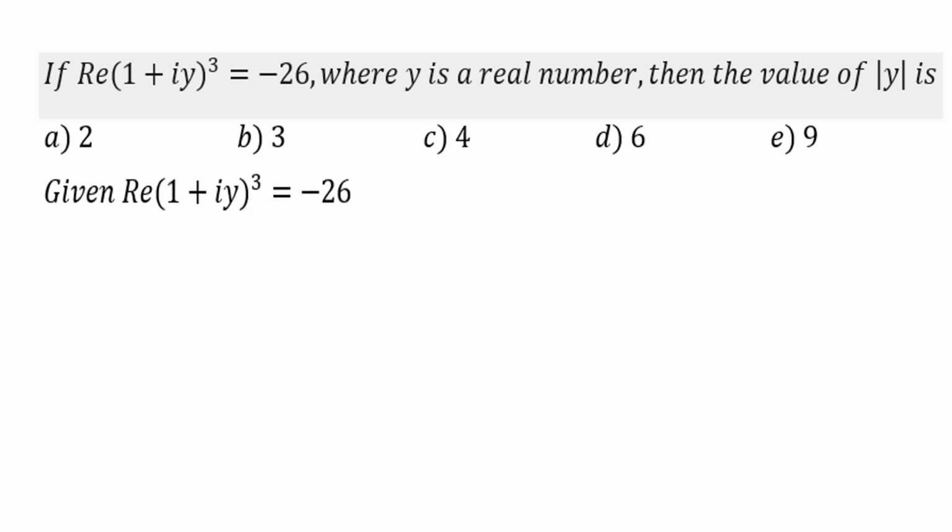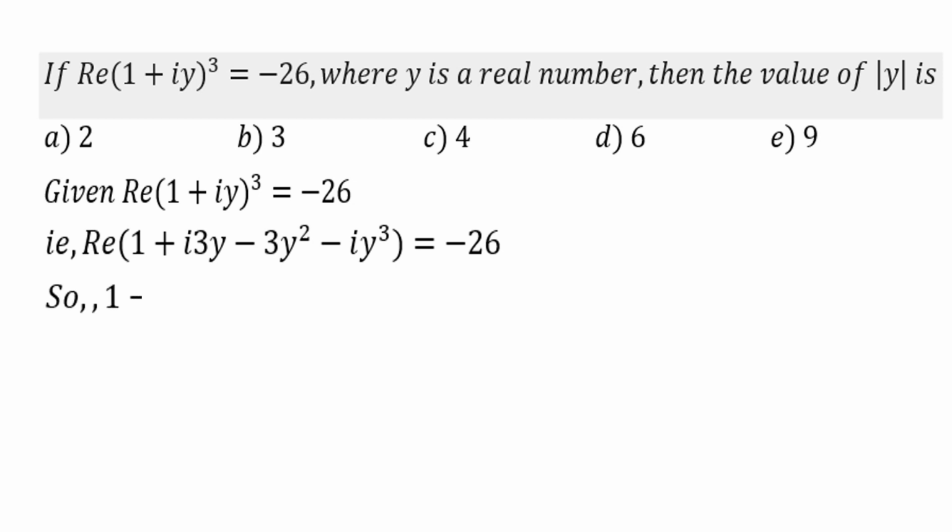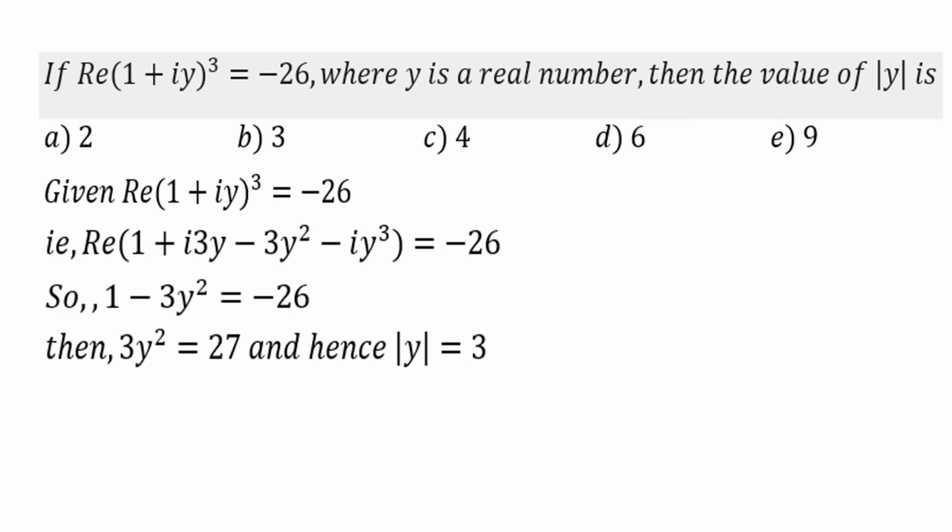By expanding (1 plus iy) the whole cube, we get real part of 1 plus i 3y minus 3y square, here i square is taken as minus 1, and the last term minus i y cube, here i cube is taken as minus i, equal to minus 26. So the real part is 1 minus 3y square. That is 1 minus 3y square equal to minus 26. Then 3y square equal to 27 and hence mod y equal to 3. So the correct choice is B.